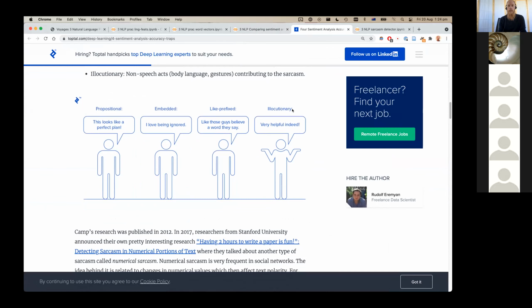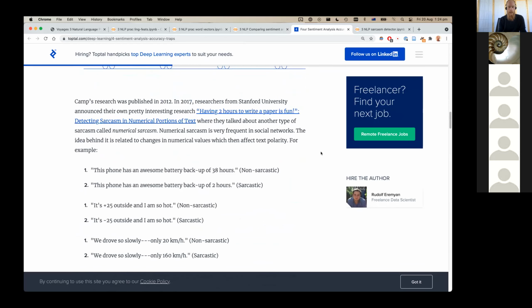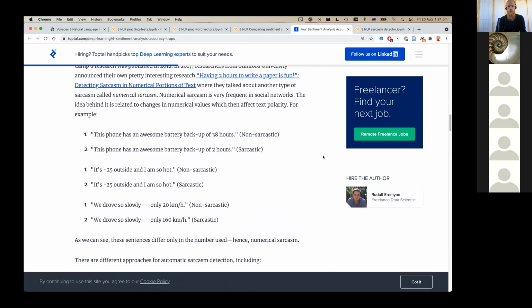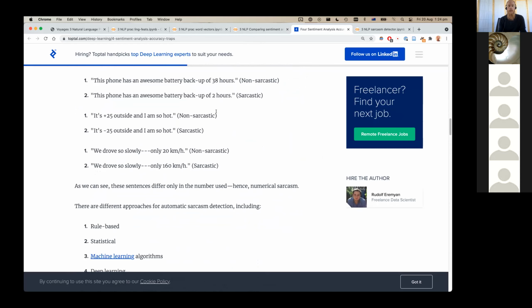"Very helpful indeed" is an utterance which could be interpreted in a highly positive way or in a very sarcastic way. There are also good links to papers looking at sarcasm through negation or the mismatch between expected numerical values in utterances.